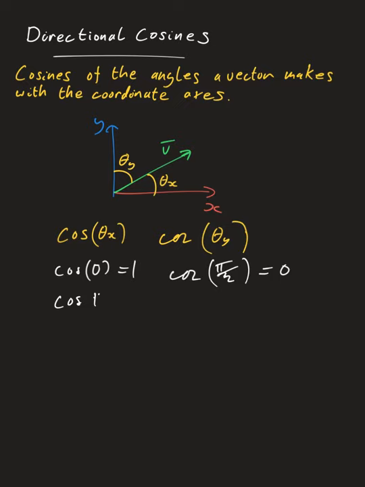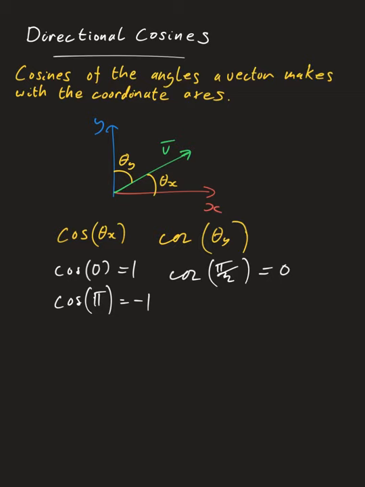Also, the cosine of pi, so that's the cosine of 180 degrees, is equal to -1. So if a vector is pointing in the opposite direction of one of your axes, the corresponding directional cosine will be -1.